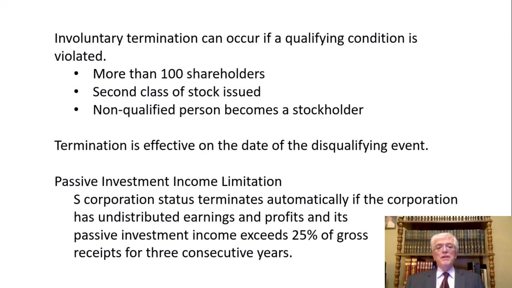Be an individual. Have your individuals own that passive investment. So distribute it to the individuals. It's not what an S corporation is for. So if you exceed 25% of gross receipts for 3 consecutive years, your S corporation status is eliminated until you fix it.